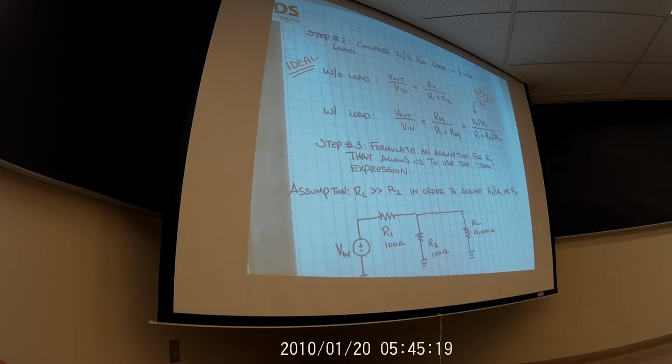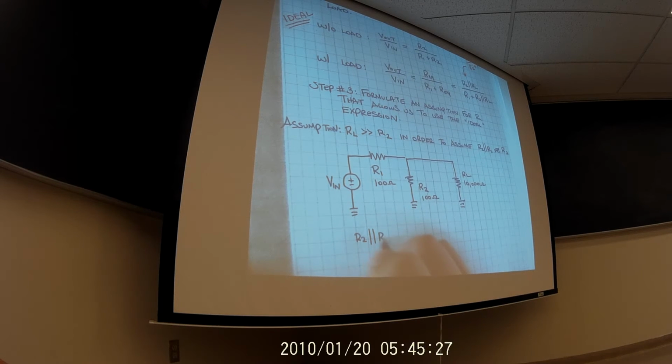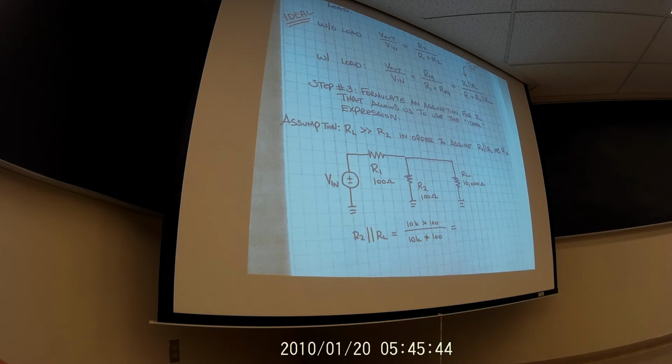And so if we calculate the parallel combo of R2 and RL, that's going to be 10,000 times 100 over 10,000 plus 100. And so let me see what the exact value of that is.